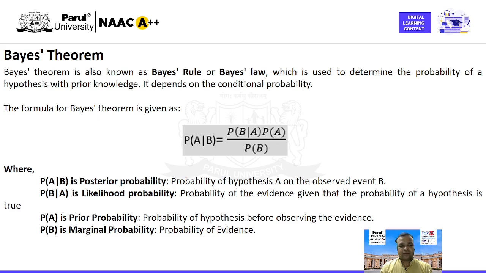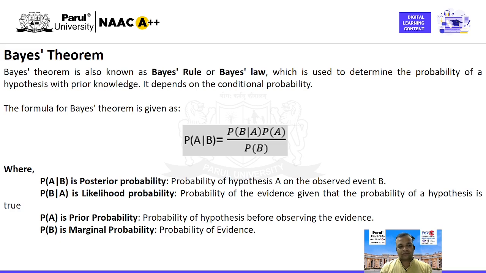P(B|A), the probability of evidence given that the hypothesis is true, is the likelihood probability.